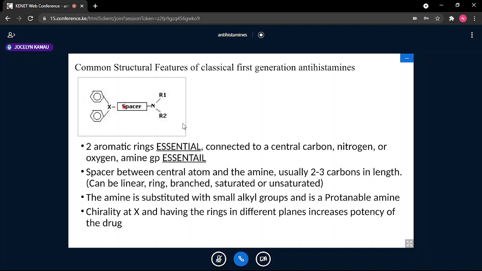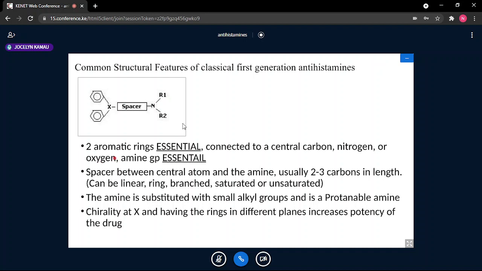Then you have the spacer, which we have said can be saturated, it can be unsaturated, especially in the propyl derivatives, with retention of activity. Then you have R1 and R2. We have said mainly when you have tertiary amines, you have best activity. And of course, we have also said you can have heterocyclic rings with retention of activity.